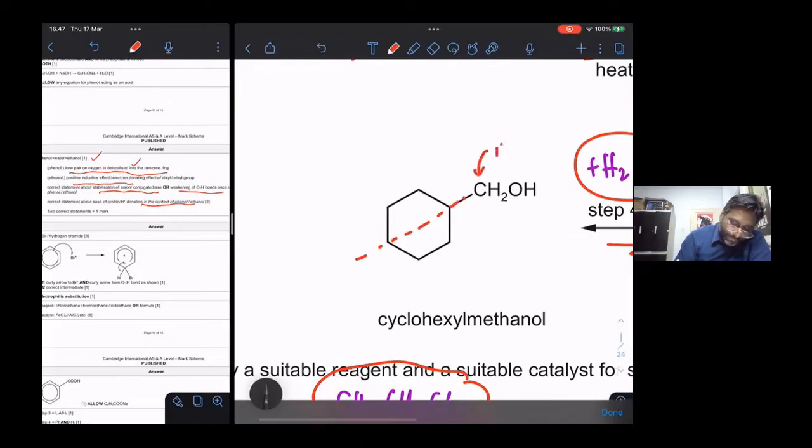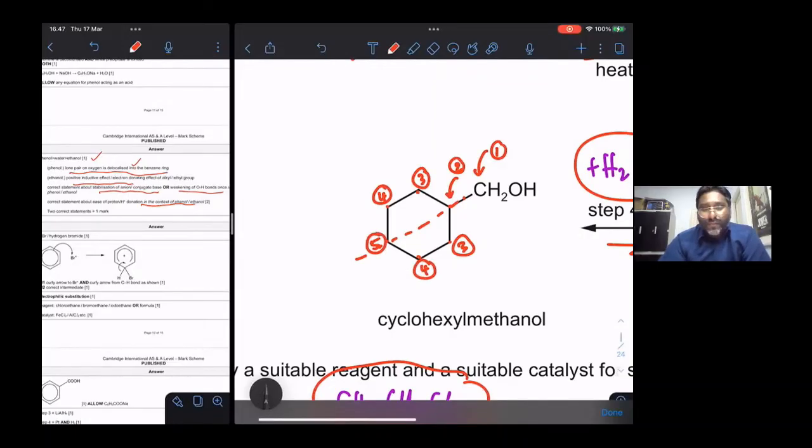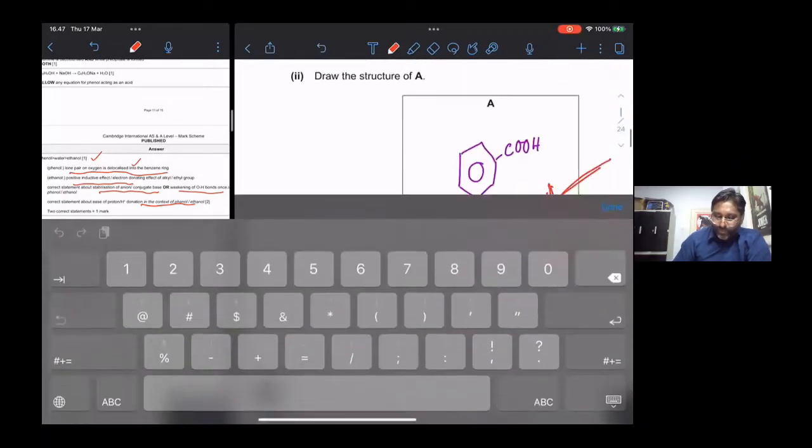This is 1. This carbon is going to be carbon number 2, second environment. This and this can be folded, so it's going to be the third environment for the carbon. This and this are the same, but different from 3, so it's going to be the 4th, and this is going to be special, so it's going to be the 5th. So there are a total of 5 carbon environments. So I just put 5 over there.